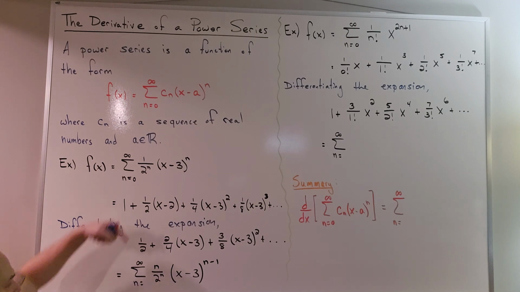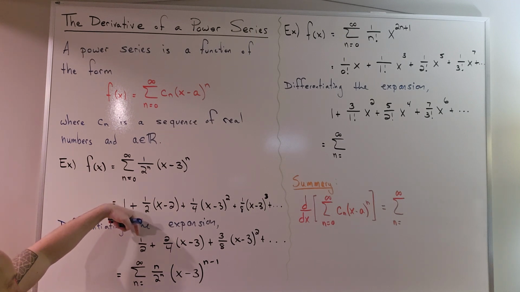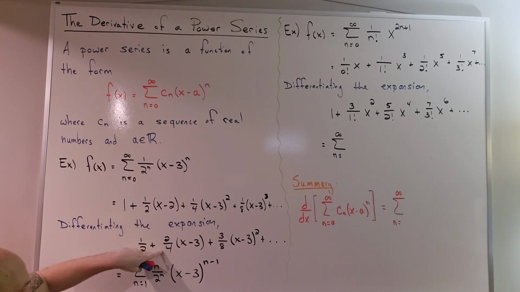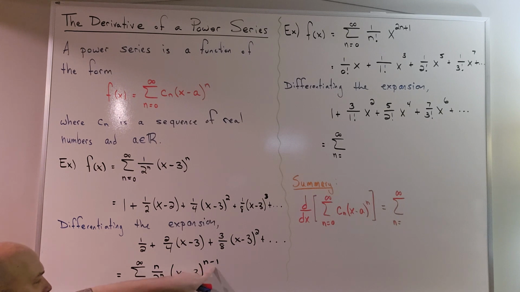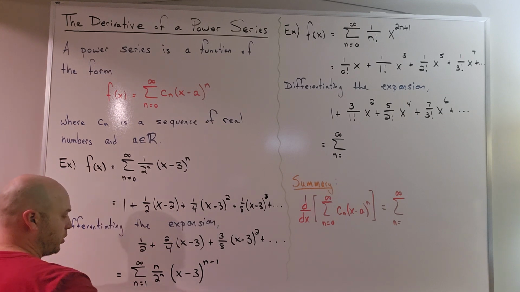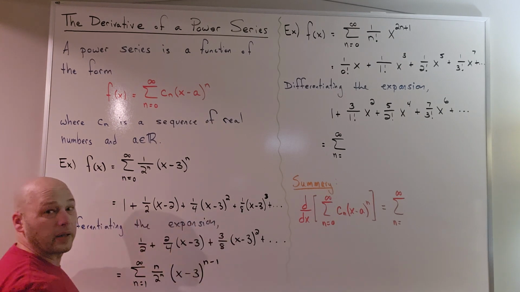Well, the first term has a 1 on top, so that'd be n equal to 1. And then if I expand this out, this would match this exactly. If I plug in 2, I get 2 over 2 squared, which would be 2 over 4, (x minus 3) to the 2 minus 1, which is 1. So this right here would be the summation notation for the derivative of this expansion.